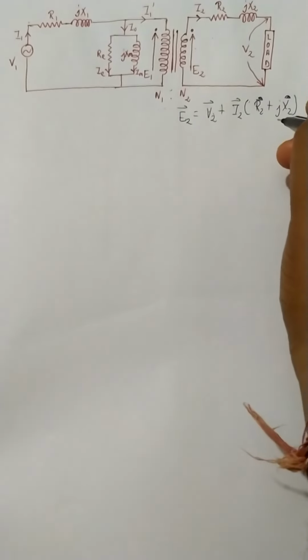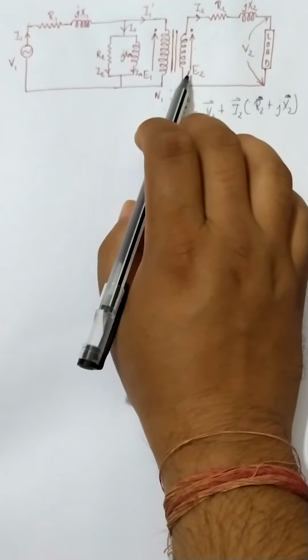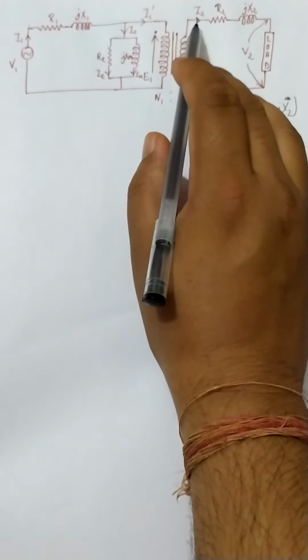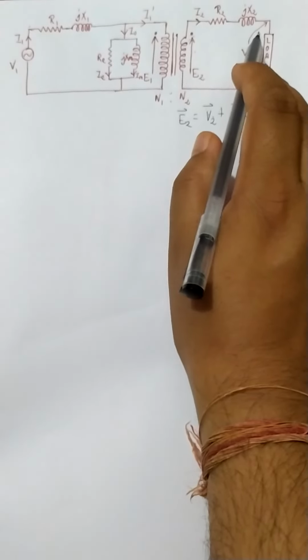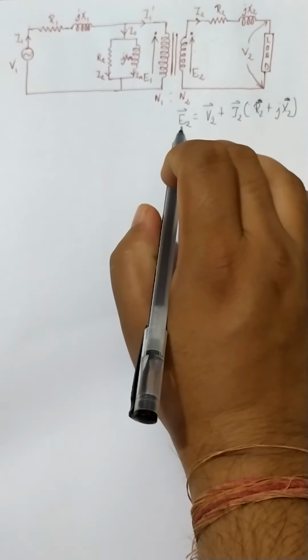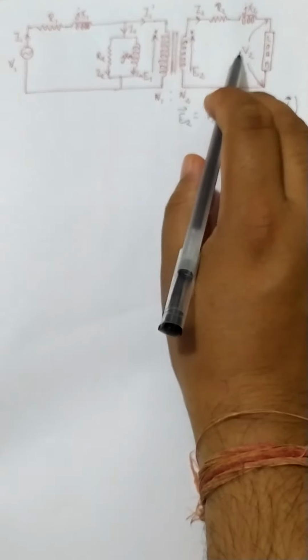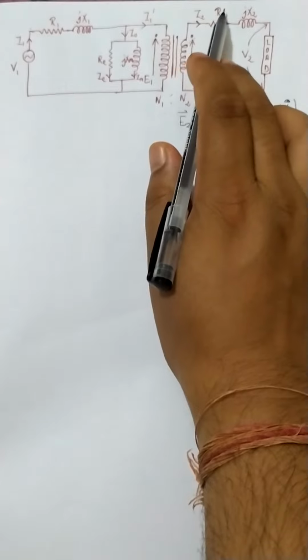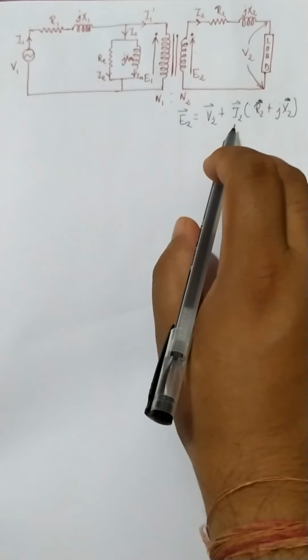They are not vectors, they are scalars. What is happening? If this point is at positive potential, this point will also be positive. Therefore we write E2 equal to V2 plus the drop across this, so I2 into R2 plus jX2. So this is what we are getting.